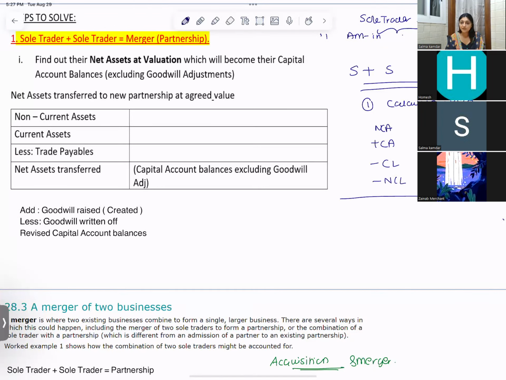This will give you NATO. NATO is what? Capital account balances excluding goodwill. Net assets taken over or transferred.